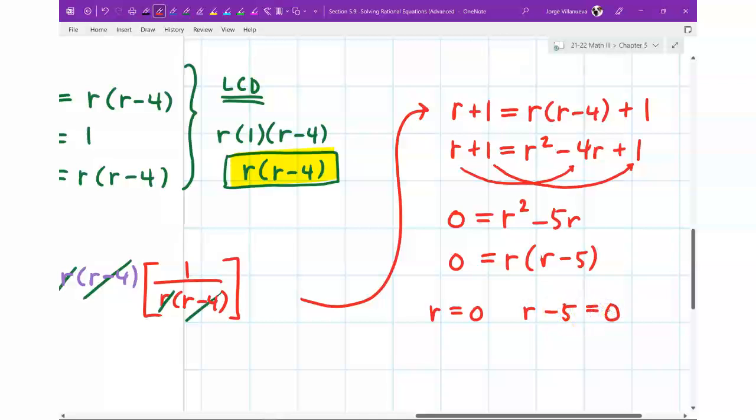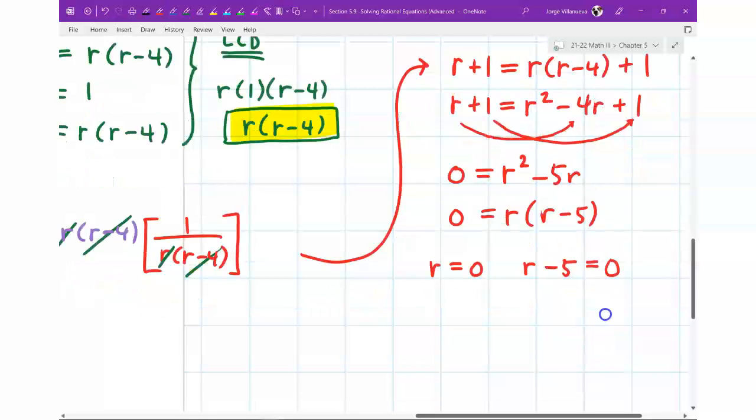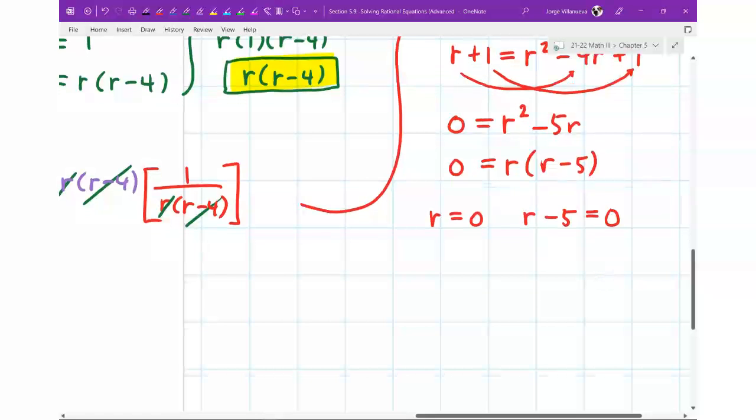Remember, you can do that once you have your factors equal to 0. Once your factors are set equal to 0, you can split them up into 2 smaller pieces or 3 smaller pieces. So R equals 0, I mean, we're done with that. There's not much I can do there. But here I can add 5. So R equals 5.